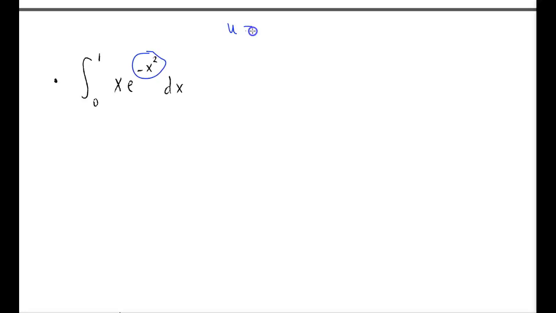Okay, so if we let u equal negative x squared, then what that means here is that du over dx is going to be a negative 2x. And thus, we would have e to the u right now. And so we need something to replace x and dx with.